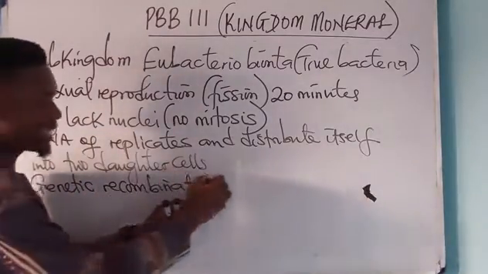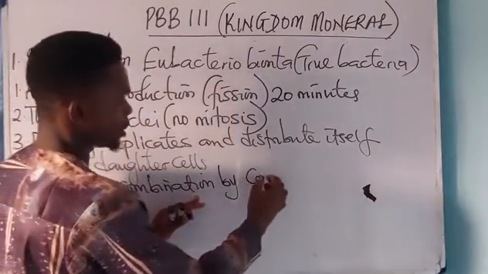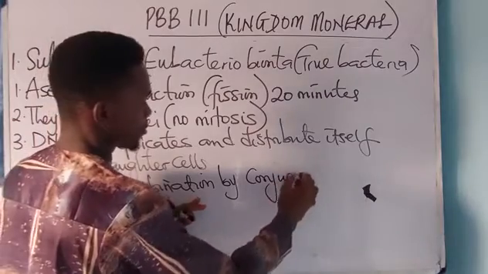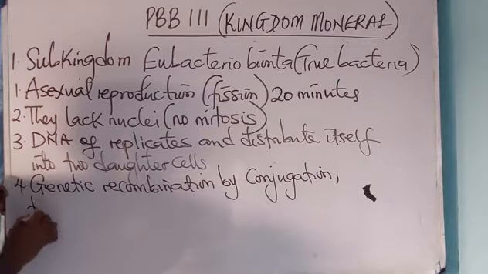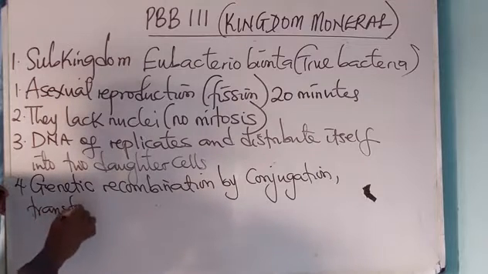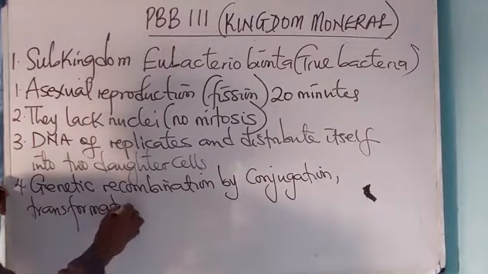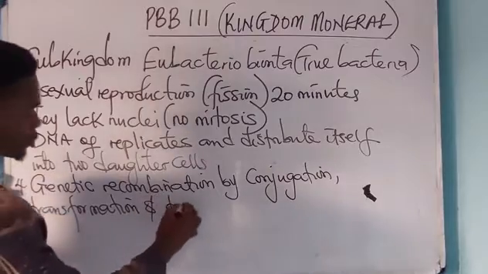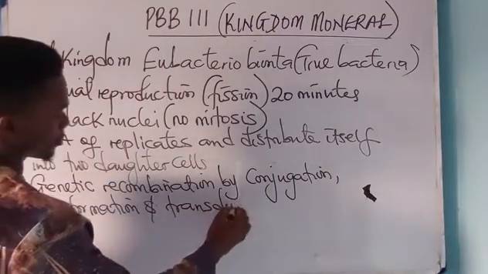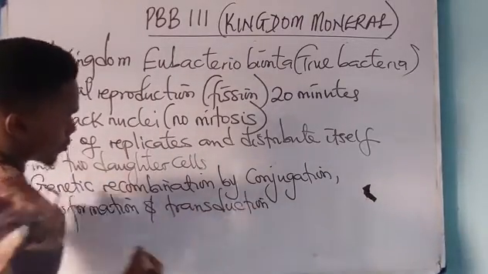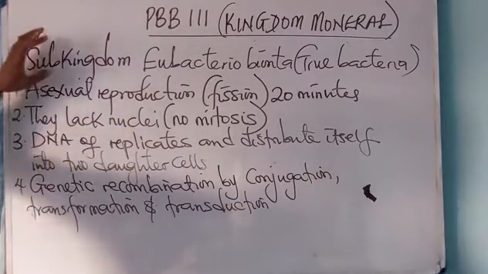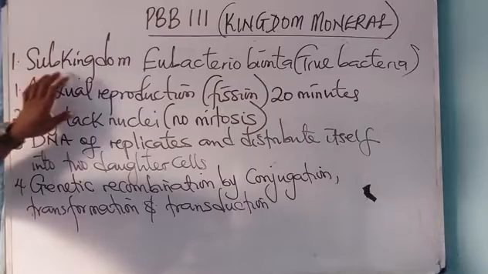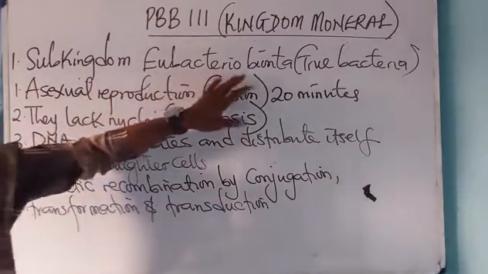This recombination is by conjugation, transformation, and what? Transduction. All right. Now, these are the striking features of these guys. That is the subkingdom Eubacteriobionta.